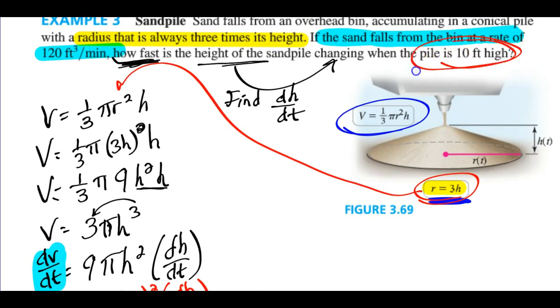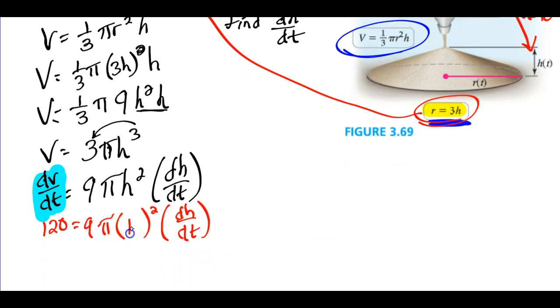Oh good, they gave me that the height of the pile, h is 10. So I'll plug that in here, and I'll solve for dH/dt.